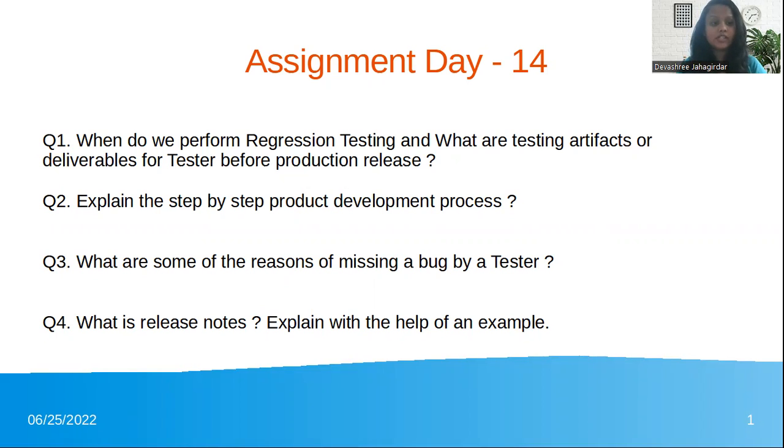Now, moving on to the second question, explain the step-by-step product development process. The product development process starts with an idea. A client comes to a software firm with an idea to develop a particular software he wants to build, and the software company and the client make an agreement.